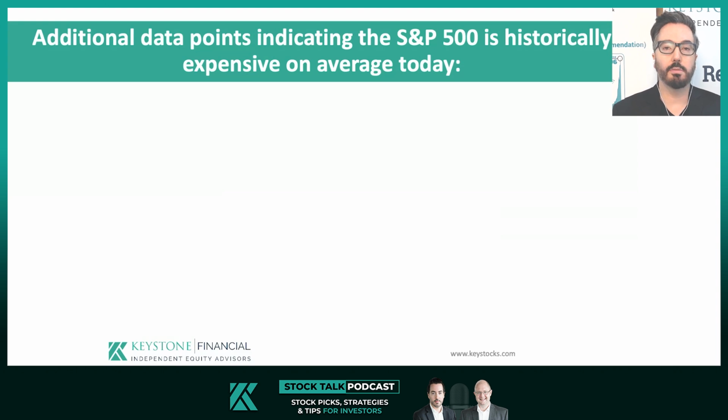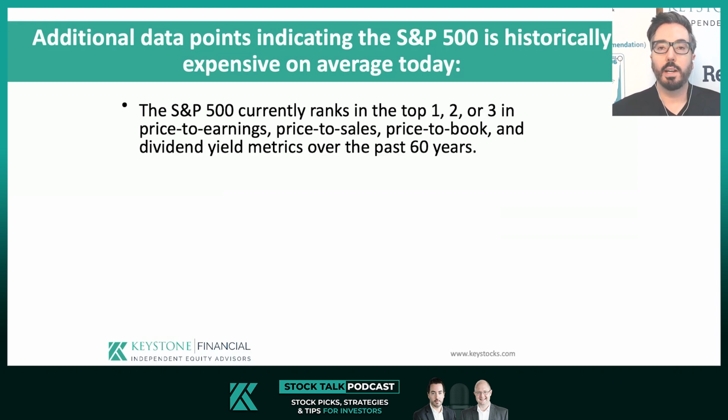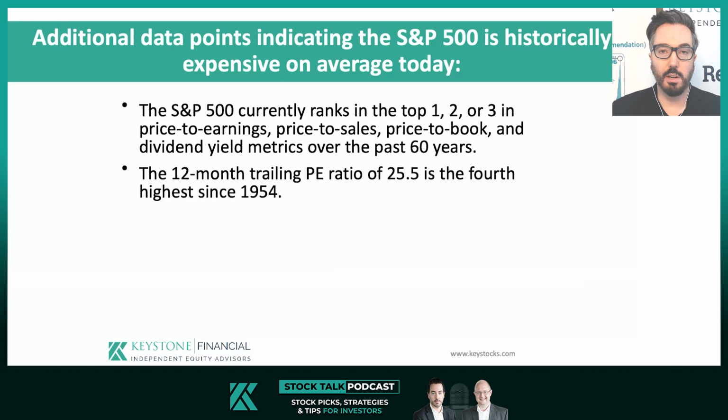So I'm going to also present some additional data points indicating the S&P 500 is historically expensive on average today. Number one here, I'd say the S&P 500 currently ranks in the top 1, 2, or 3 in terms of price earnings ratio, price to sales, price to book, and dividend yield metrics over the past 60 years. The 12-month trailing PE ratio of 25.5 is the fourth highest since 1954.